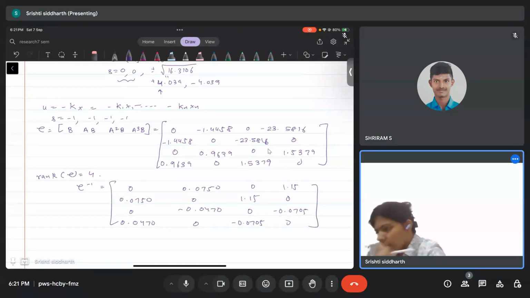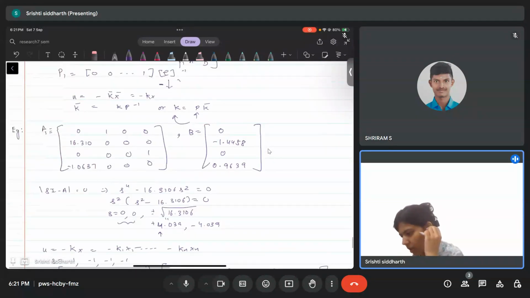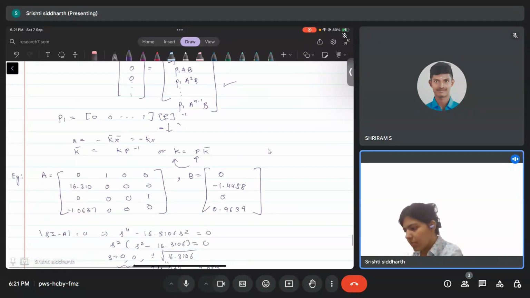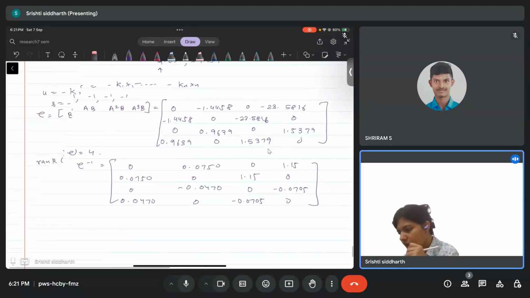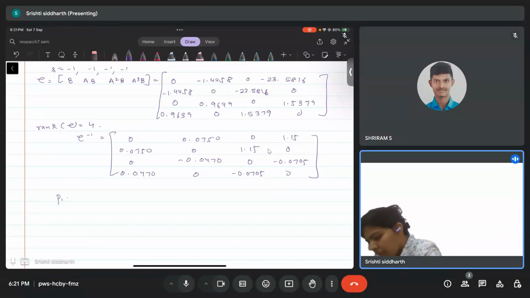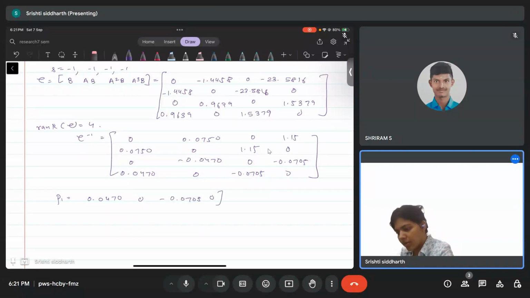So if this is the case, then what's the first row of the transformation P? So P1 is the last row of C inverse. So P1 is simply 0.0470, 0, minus 0.075 and 0.